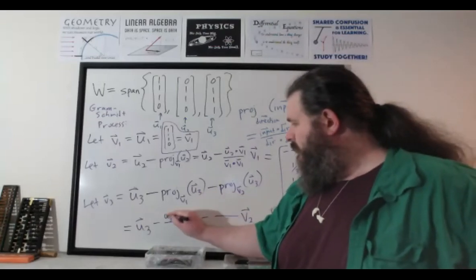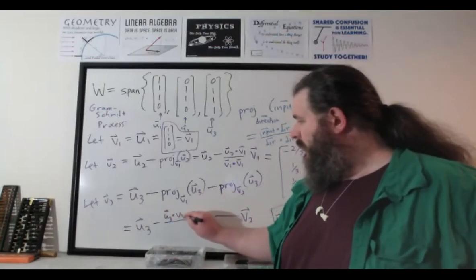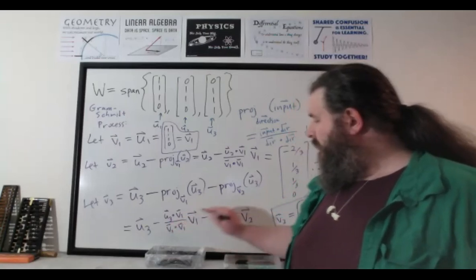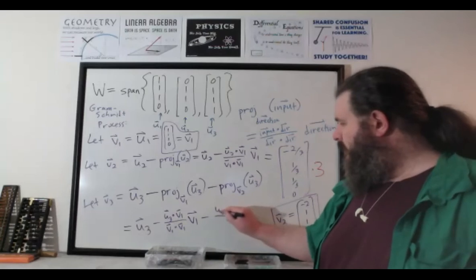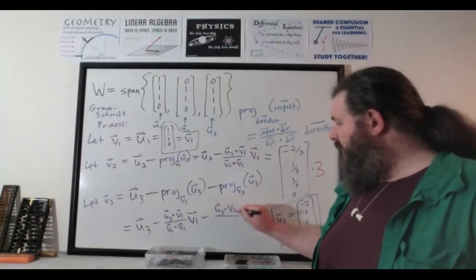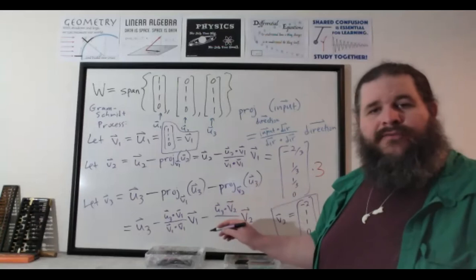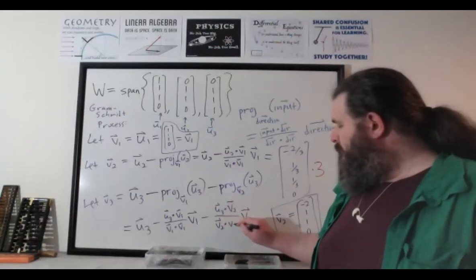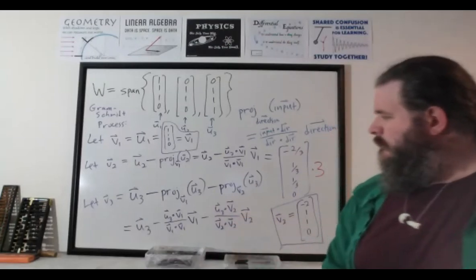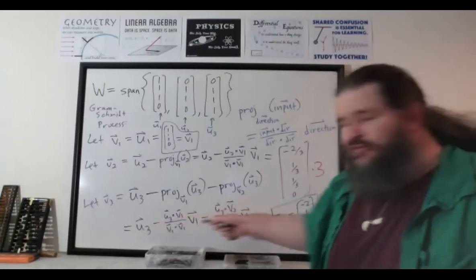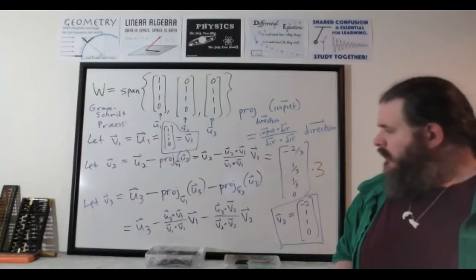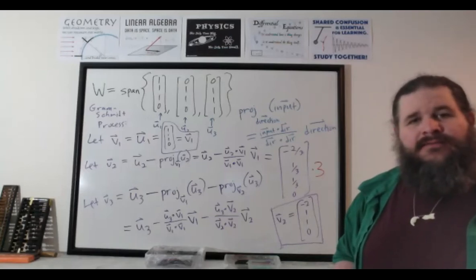So input U3 dot direction V1 over direction dot itself. And then same thing here, input dot direction, which in this case is V2 over direction dot itself. So V2 dot V2. So this calculation should tell us V3, the third vector that is genuinely a third different perpendicular direction. Any questions on that setup so far?